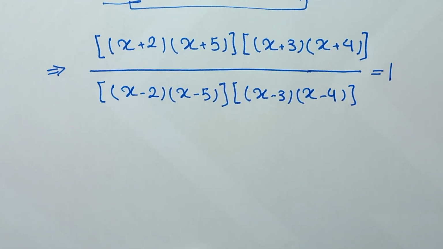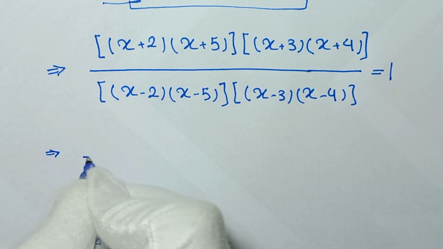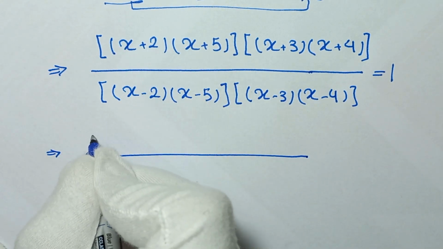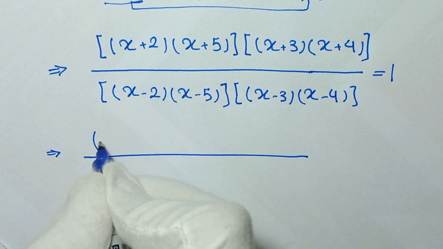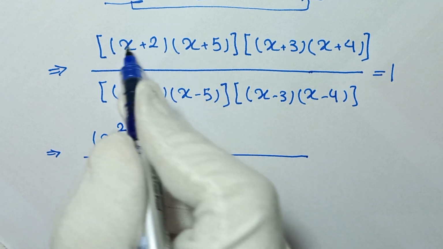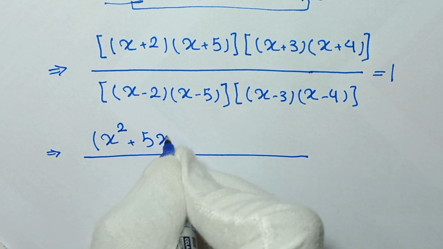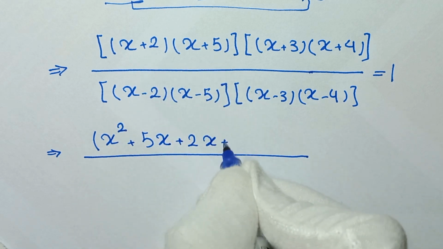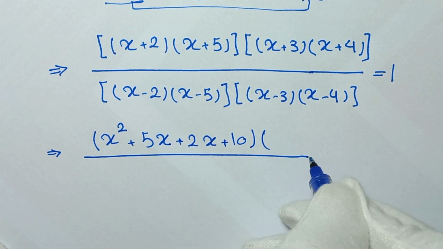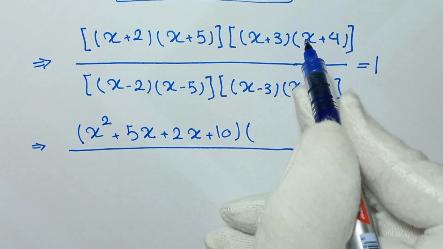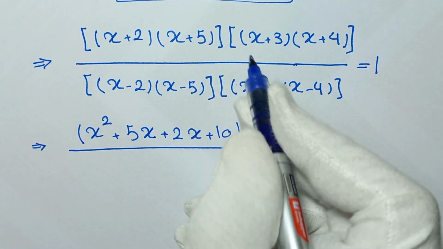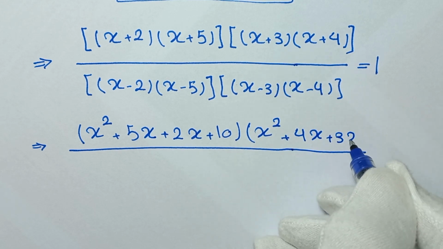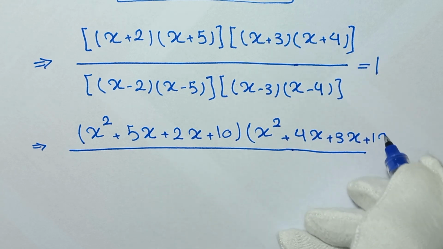In the next step, in here x plus 2 times x plus 5, we can write x times x is x squared, x times 5 is 5x, 2 times x is 2x, and 2 times 5 is 10. And x times x is x squared, x times 4 is 4x, 3 times x is 3x, and 3 times 4 is 12.